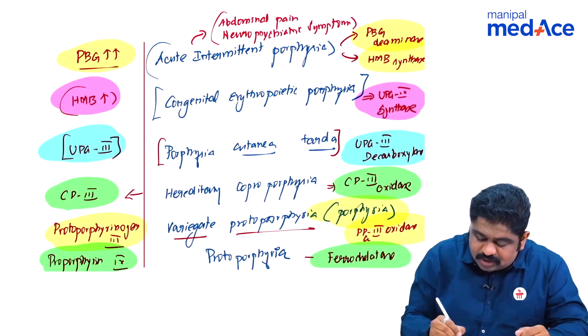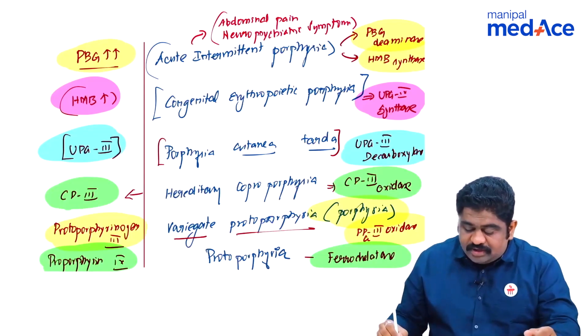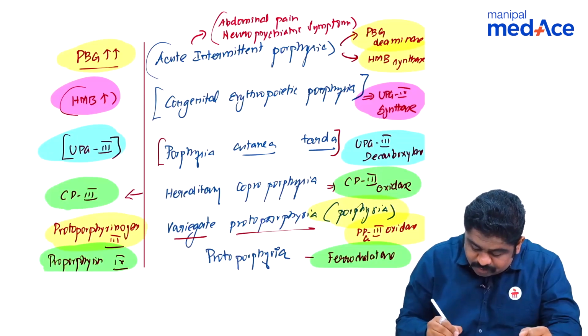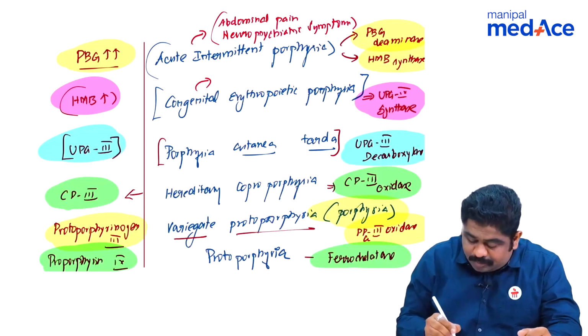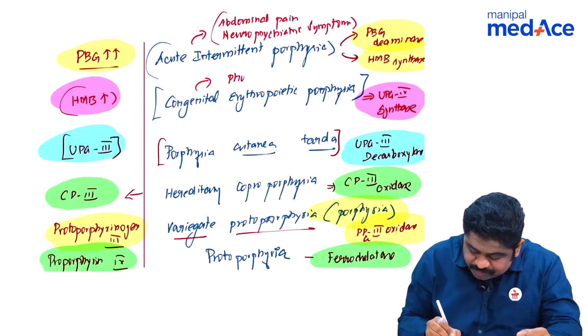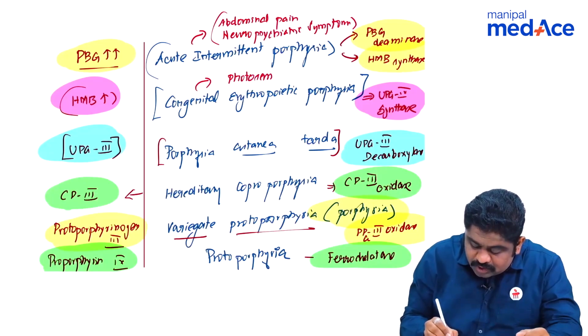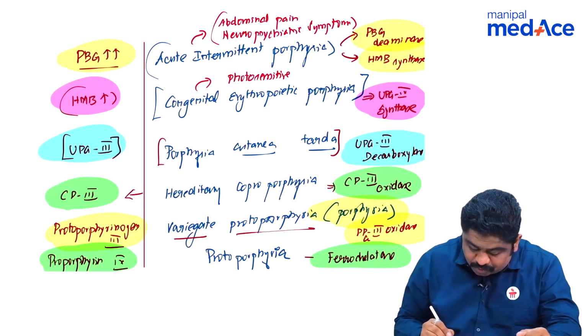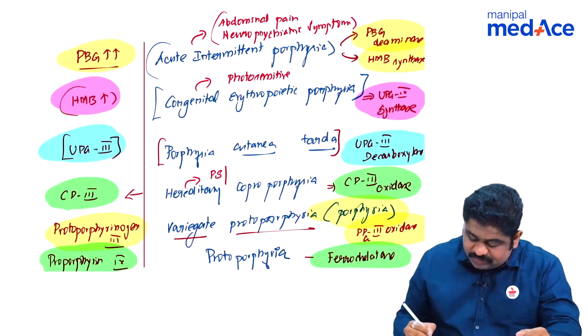Sometimes he may have psychokiller behavior also when he is under immense pain. Next, when it comes to congenital erythropoietic porphyria, again I told you about the vampires, so they will be photosensitive.